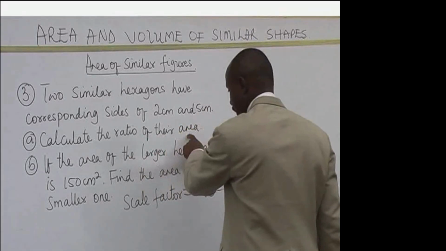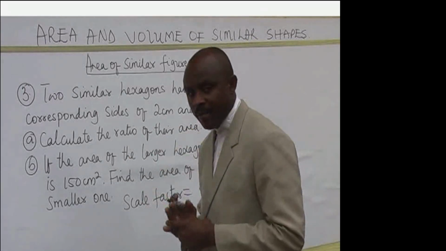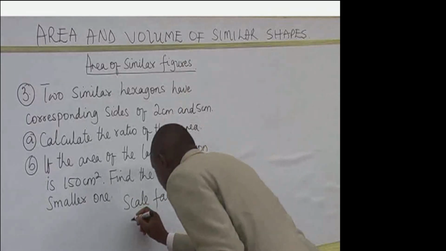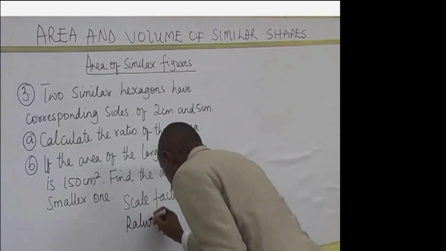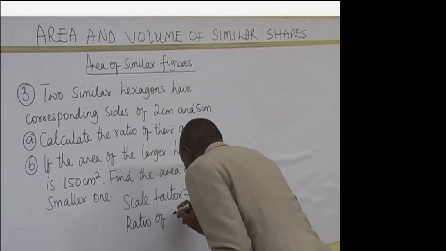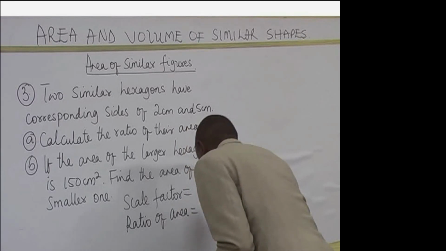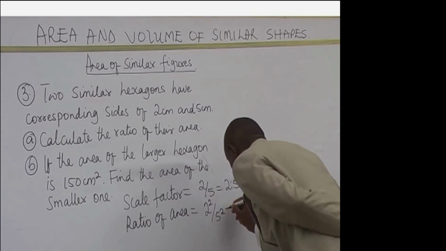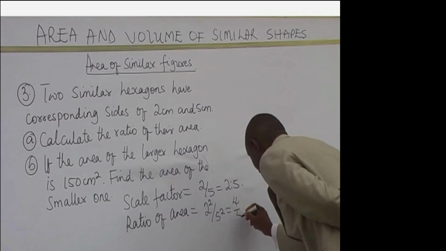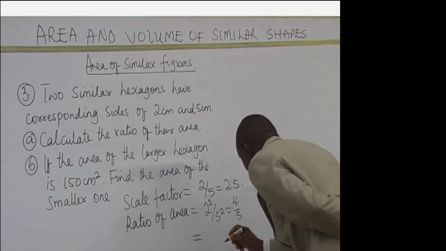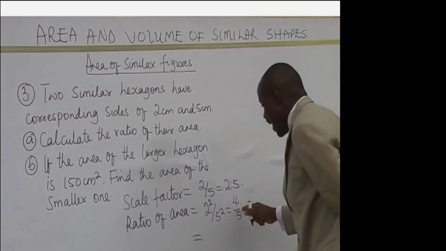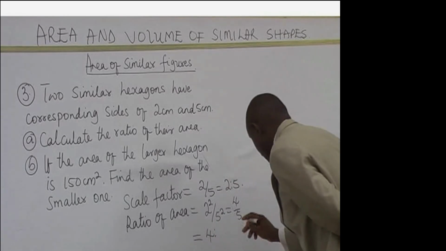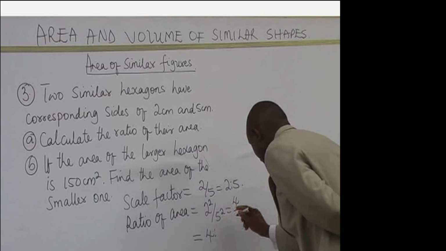Ratio of their area means area factor. And area factor is scale factor squared. That means ratio of area is now equal to 2 squared all over 5 squared, which is 4 all over 25. 5 times 5 is 25.